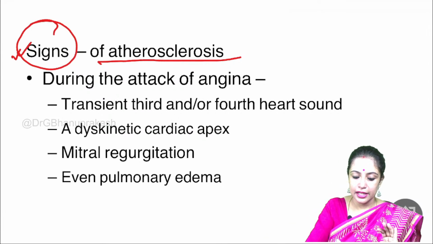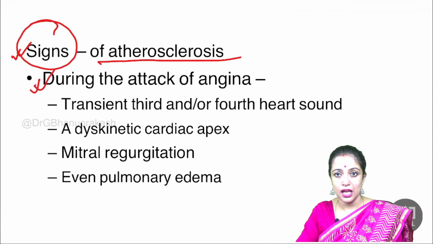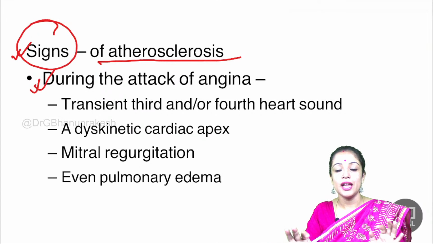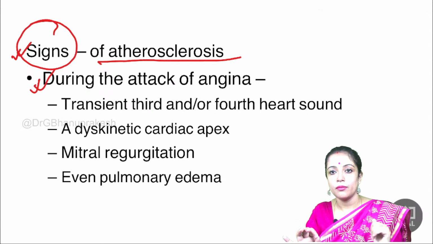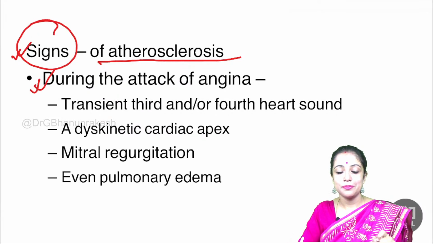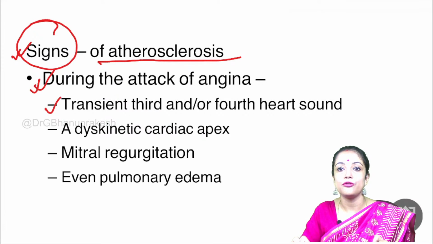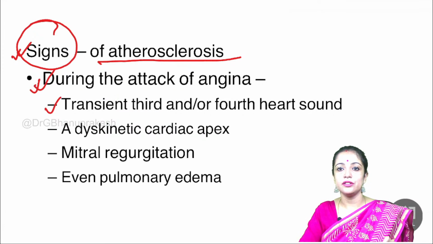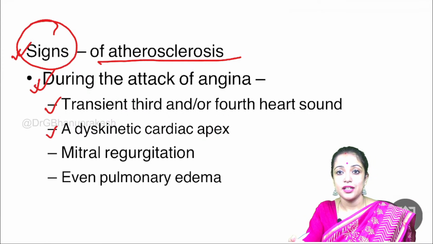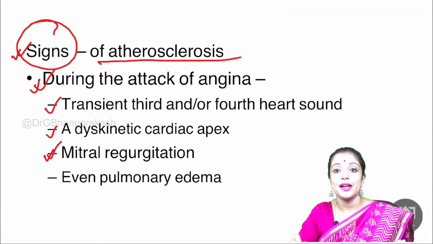And if we examine a patient, most of the time, typically on examination, there is no sign. Everything looks normal on examination of the cardiovascular system. But sometimes there may be a transient third and fourth heart sound. We will be able to hear the transient heart sounds. And on examination, there may be a dyskinetic cardiac impulse. There may be transient mitral regurgitation because of involvement of the papillary muscle.